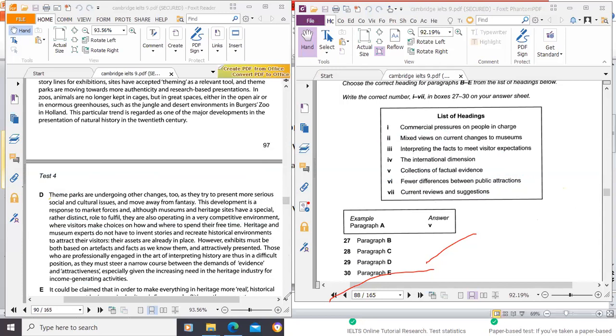Now, this says that theme parks are undergoing other changes too, as they try to present more serious social and cultural issues and move away from fantasy. The more you annotate all these things in your question paper, you are free to write anything on your question paper.